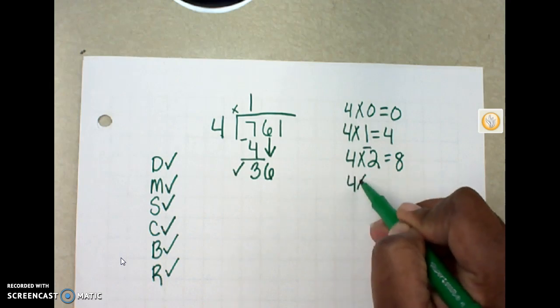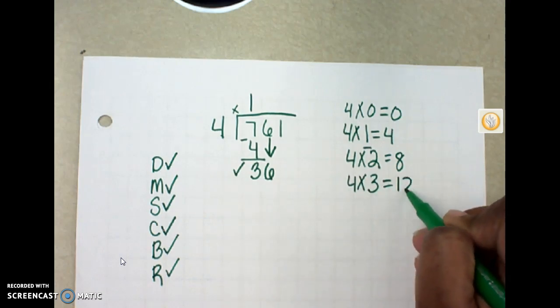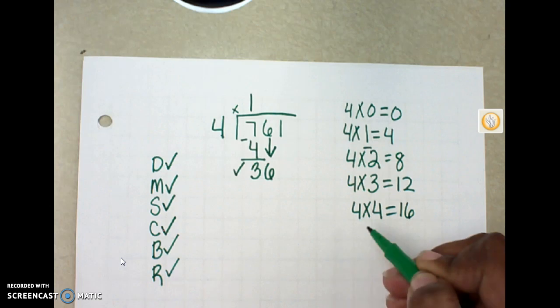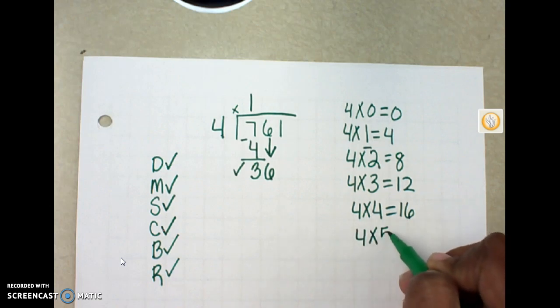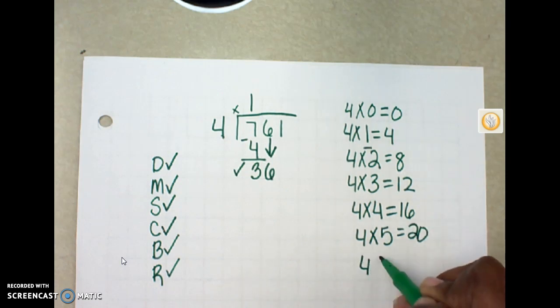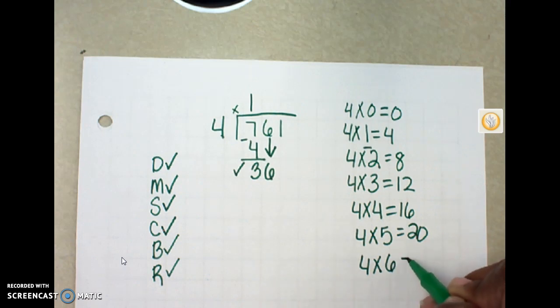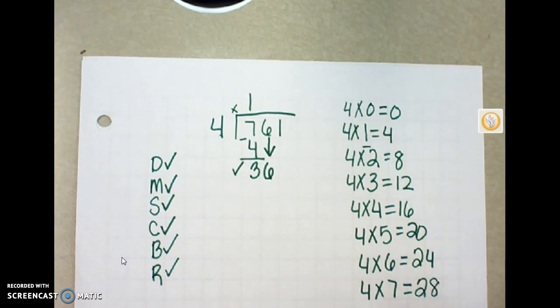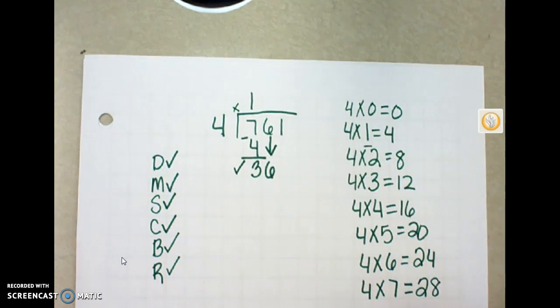So 4 times 3 is 12. 4 times 4 is 16. 4 times 5 is 20. 4 times 6 is 24. 4 times 7 is 28. 4 times 8 is 32.